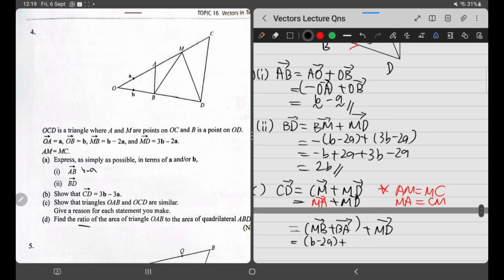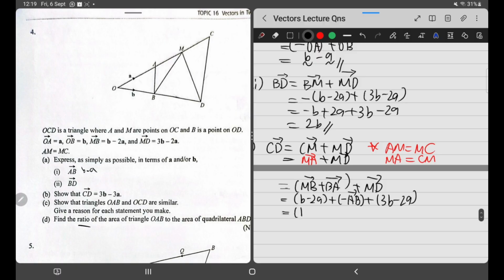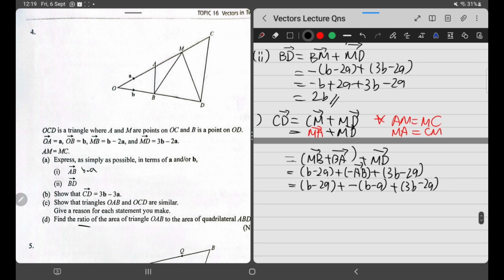BA is what you have found earlier on, right? BA is just negative AB plus MD. MD is given by the question as such. So you just add all the values together. You should get plus negative bracket B minus A plus 3B minus 2A. So you should get B minus 2A minus B plus A plus 3B minus 2A.